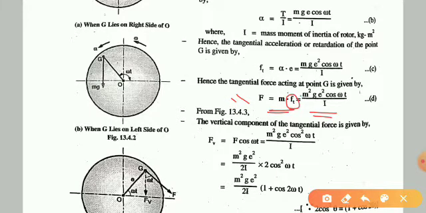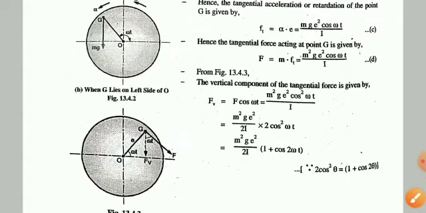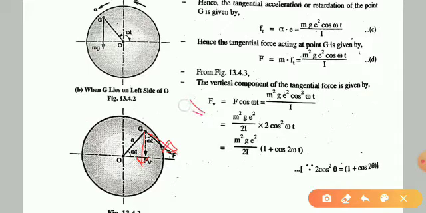From here we can see in another figure that the vertical component of tangential force is acting in this direction, which is F cos omega t, that we can find. So this is the final answer for the vertical tangential force.